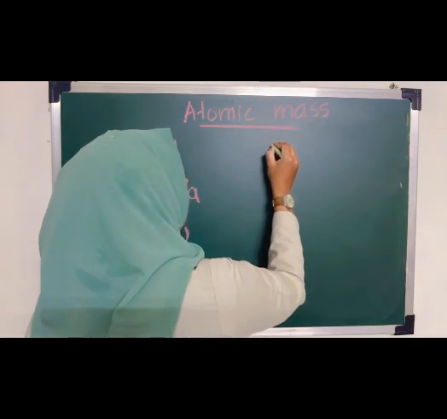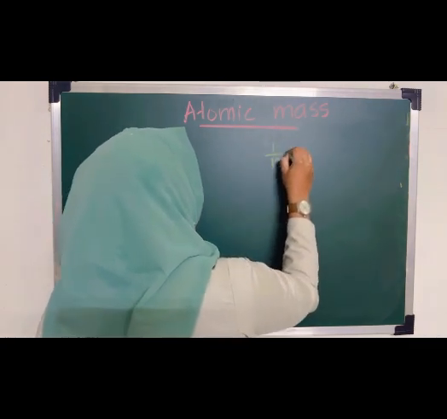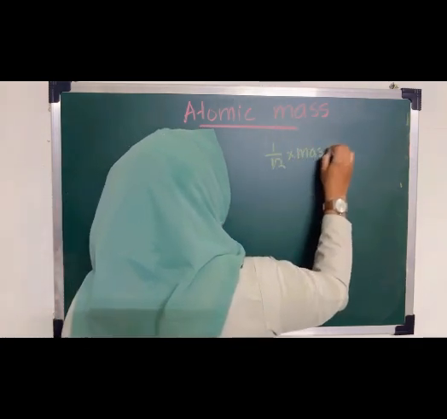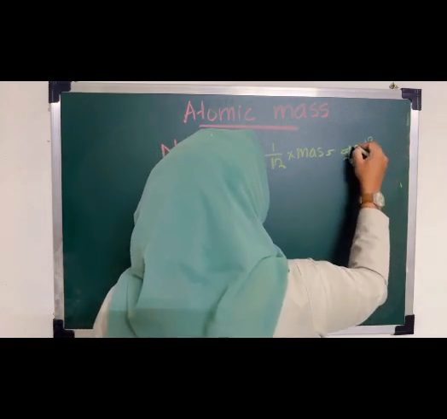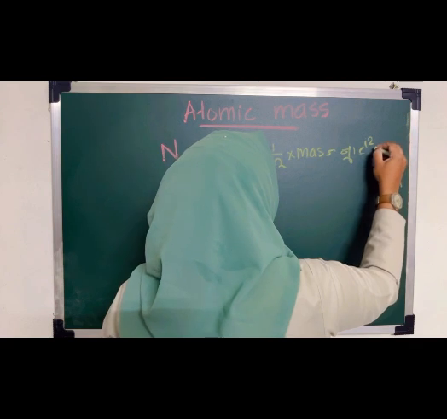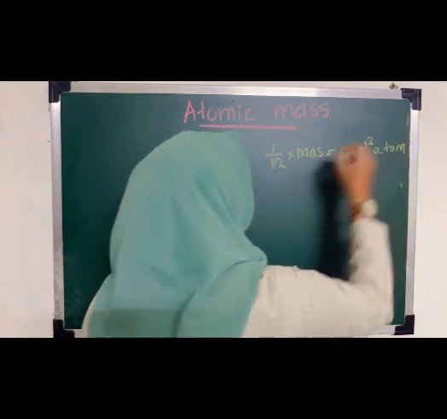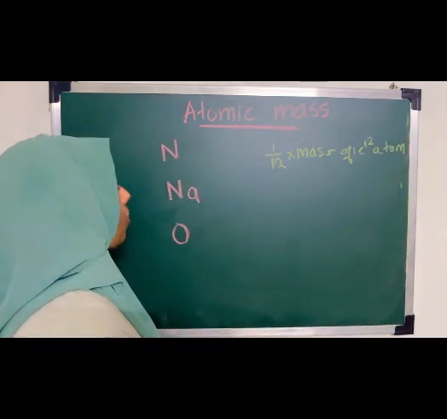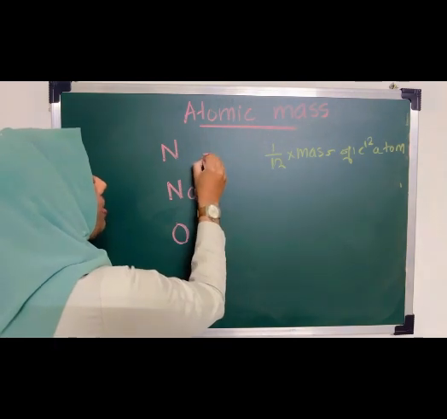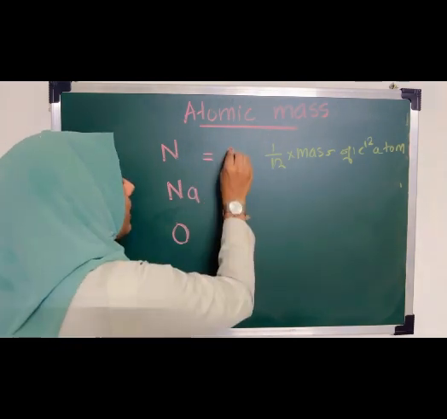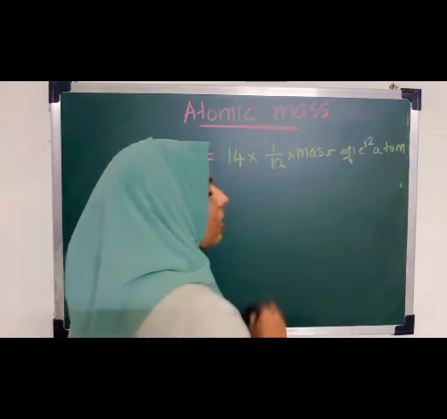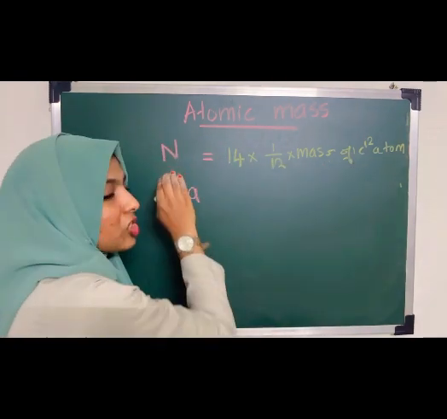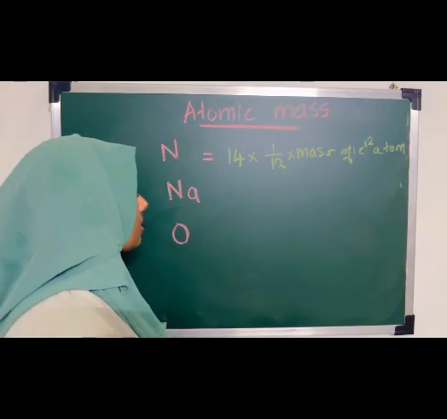I took 1/12 of the mass of one carbon 12 atom as a standard. So I place 14 times 1/12 of the mass of one carbon 12 atom and the nitrogen atom is balanced.